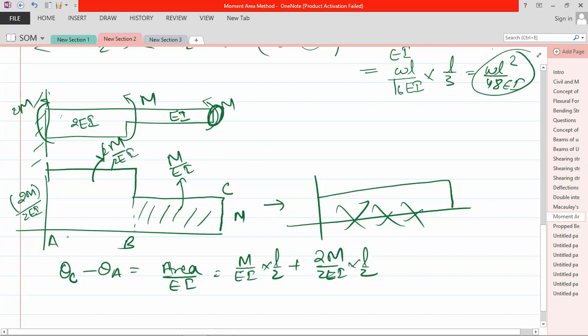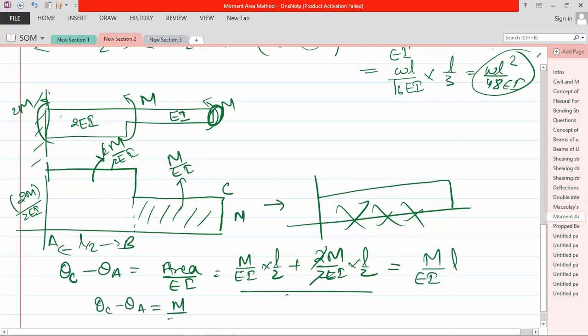So theta C minus theta A is equal to ML by EI. And you know theta A is equal to 0, because at A in the cantilever the slope is 0. So theta C is equal to ML by EI.